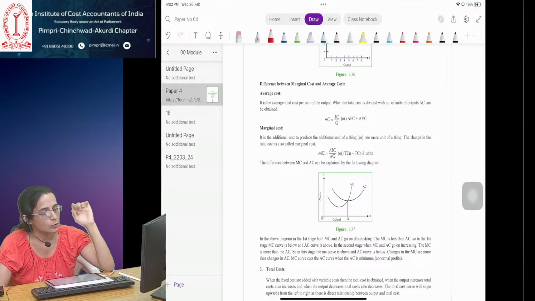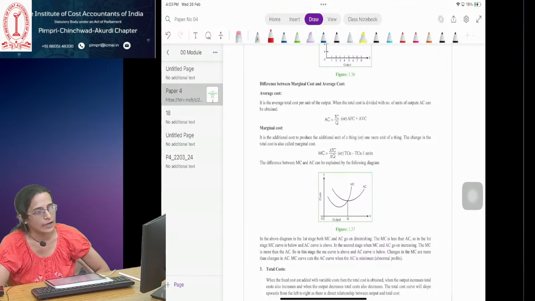For average cost, we take the total cost, and down, how many units are there? Number of units, right? And what will be the marginal cost? The change in the total cost divided by change in quantity, or TC N minus TC N minus 1, that is the additional change in the cost, or the change in the total cost, right? Marginal cost is the change, while average cost is the average, right?